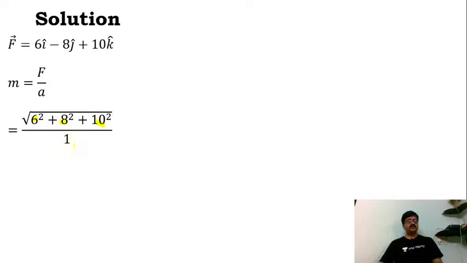Divided by 1, we get root 200. Root 200 can be written as 10 root 2 kg. This is the answer we have to go with. So 10 root 2 kg is our required answer here.